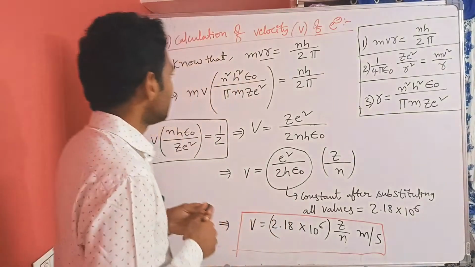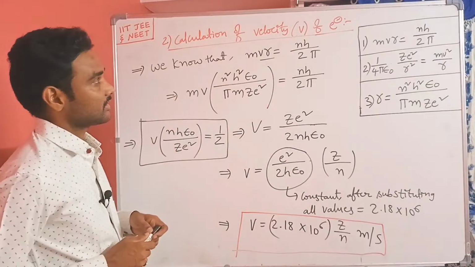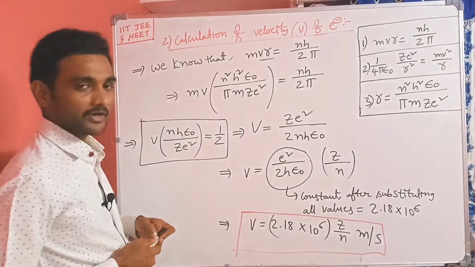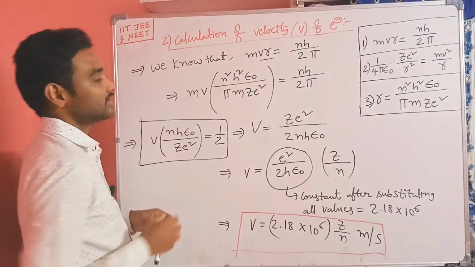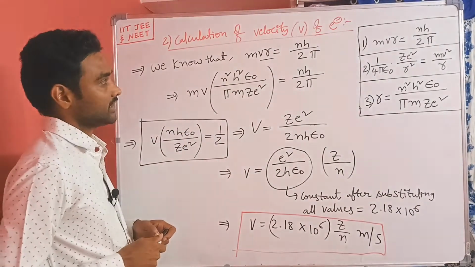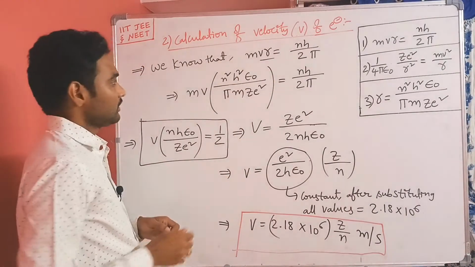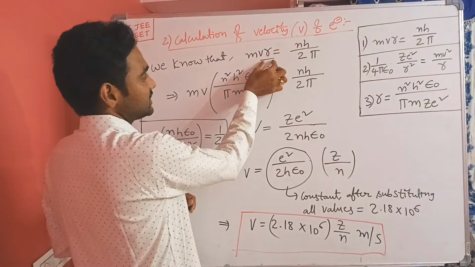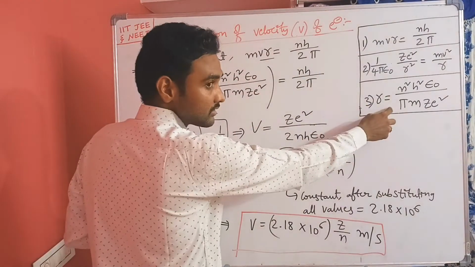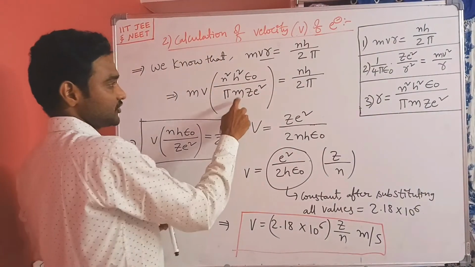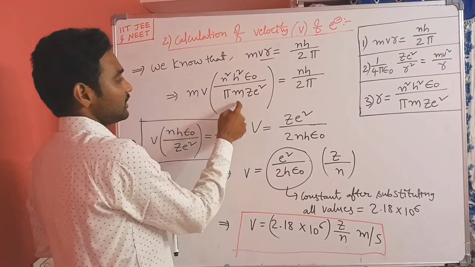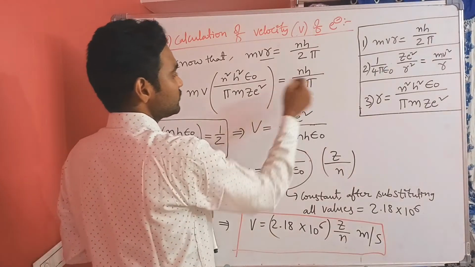Now let me calculate the velocity of electron. We know that Bohr's quantization condition is mvr is equal to nh by 2 pi. Here the r value is there. Already we know the r value, that you have to substitute here. Then mv into r value is equal to nh by 2 pi.